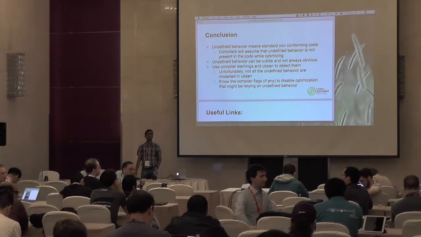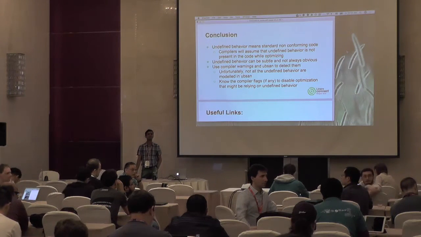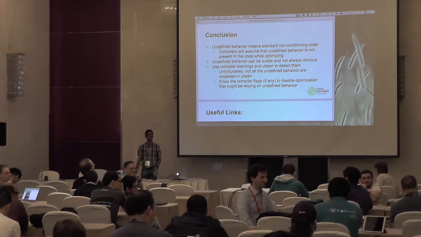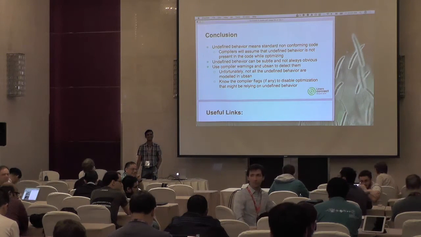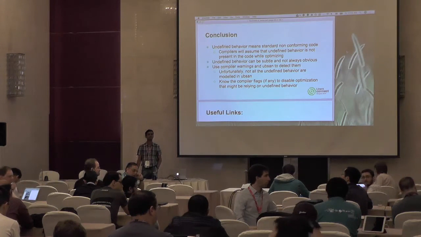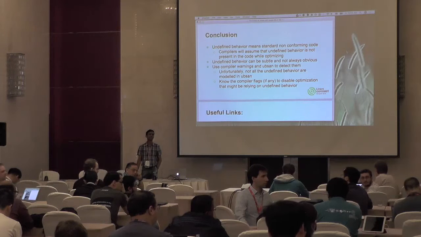There was a thread in GCC, LLVM, and Linux. It was a very big cross-thread when Linus Torvalds was being Linus Torvalds, and he said undefined behavior means the standard is crap. Right? I don't think he's right, but the users, when they get hit by undefined behavior, or after three hours of investigating they realize they've been hit by undefined behavior, get pissed and say, why isn't the compiler doing the right thing?